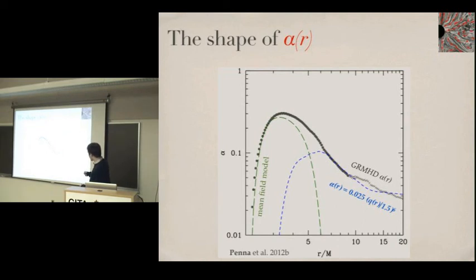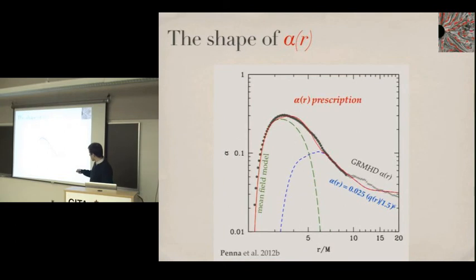And by 20M, it would start to become 1 because the frame-dragging doesn't really matter much beyond that. So if you extended your plot to much larger radii, you'd expect the asymptote to a constant. It's hard to see that in our simulations because it takes so long to converge. So if you add these two curves together, you get the red line, which kind of fits all the data.